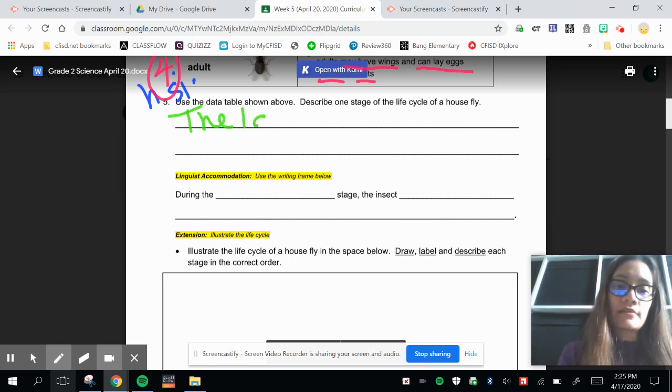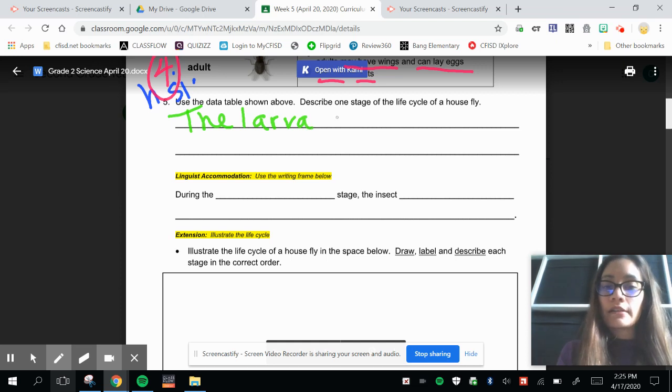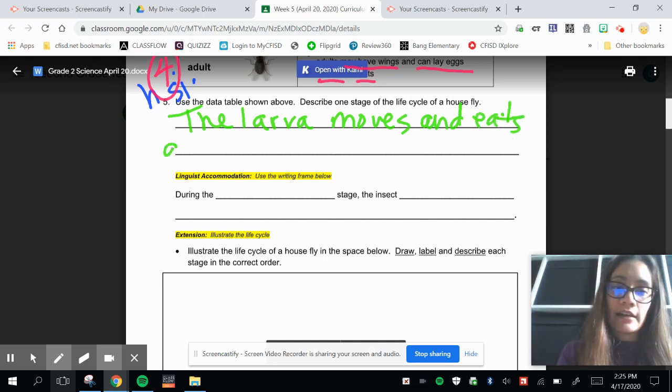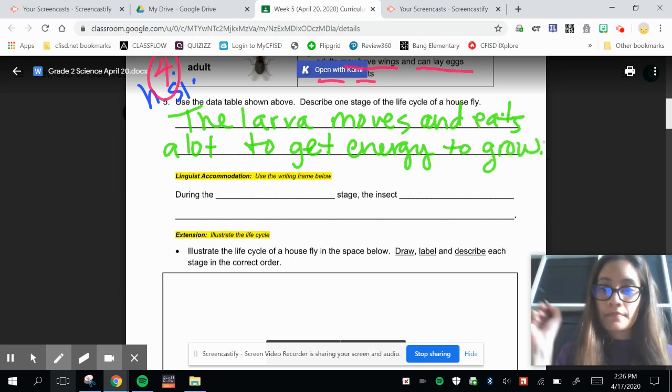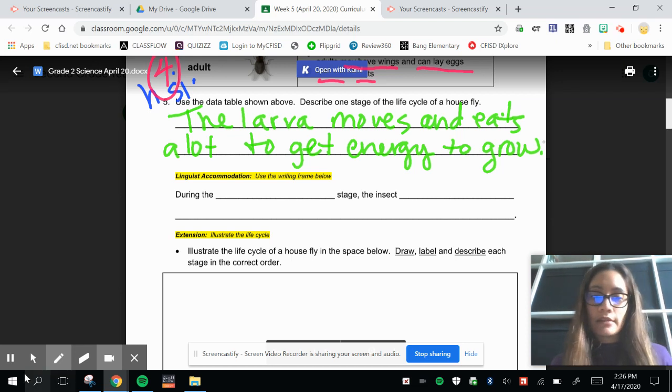The larva moves and eats a lot to get energy to grow. Period.